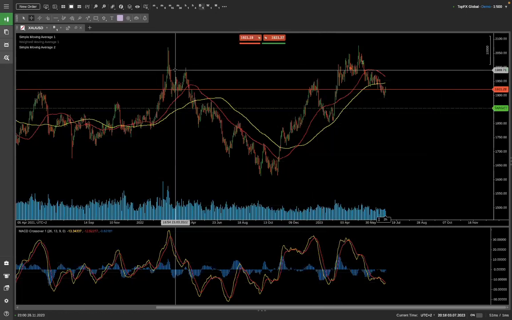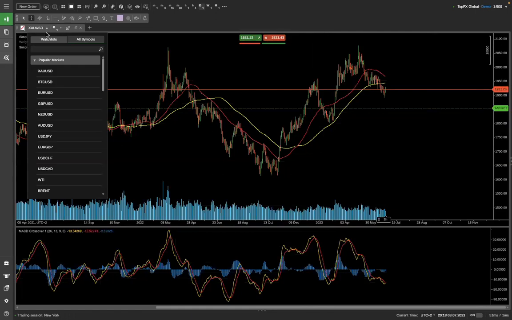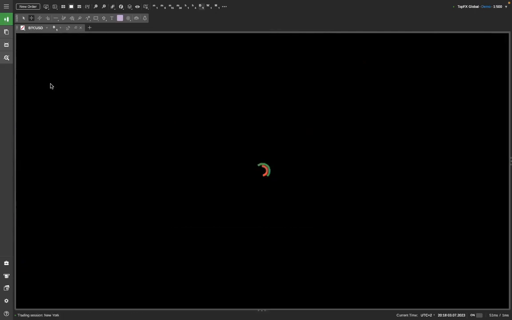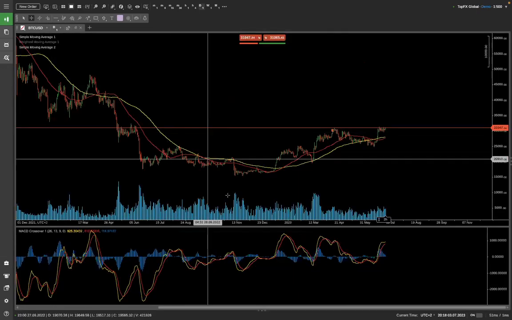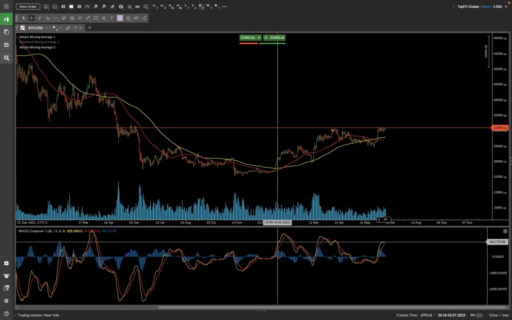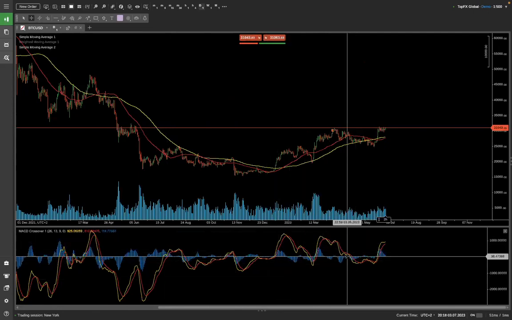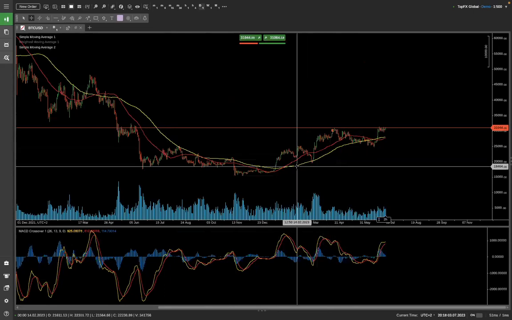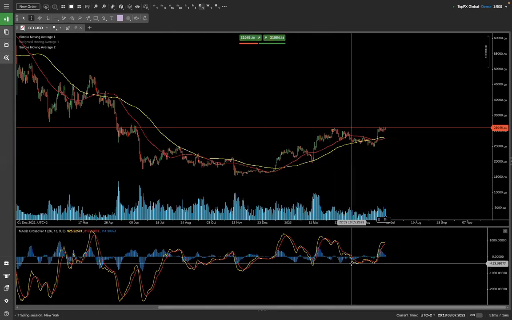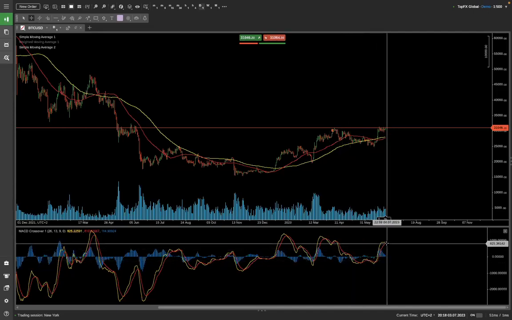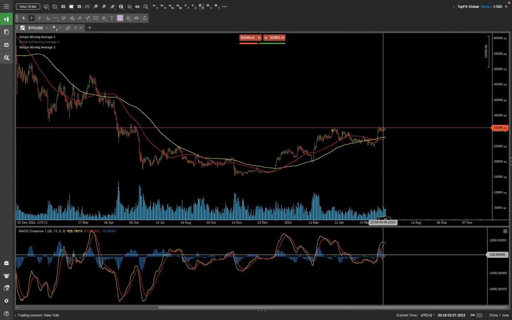So basically gold, forex markets, we can use it for crypto CFDs as well. This is the Bitcoin to the US dollar daily time frame chart. As you can see, we have the moving averages on the chart, 100 days and 50 days, and we have the MACD histogram and the other moving averages on the bottom.